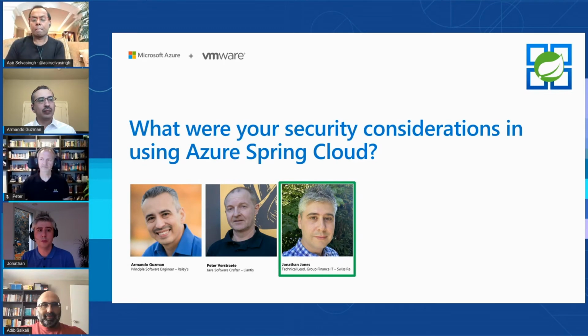At Swiss Re, we're following the CSA CCM, which is quite a mouthful. It's the Cloud Security Alliance Cloud Controls Matrix, and choices we make have to be compatible with that. Our Spring Boot applications are checked for CVEs, and we just can't deploy the software should vulnerabilities be present. We have automated smoke tests which run after a deployment.